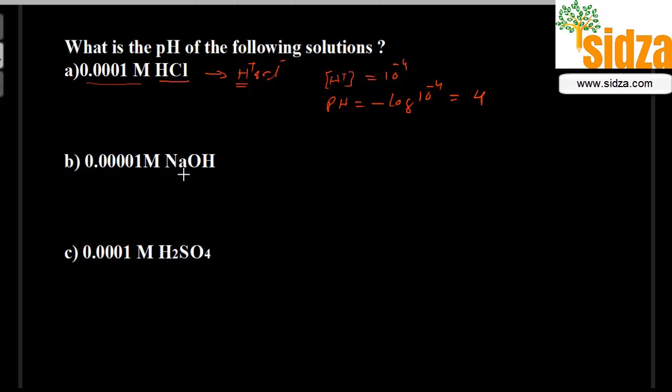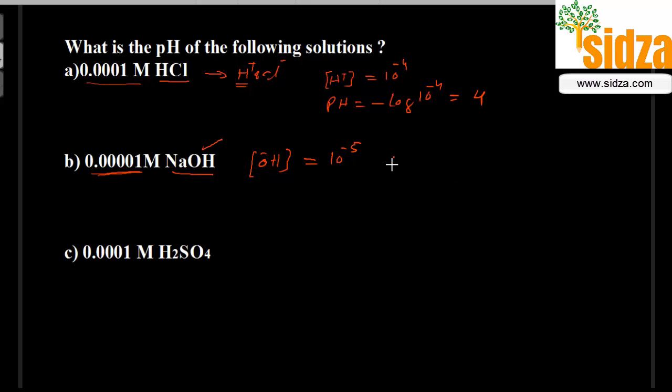And what about this solution? We have sodium hydroxide, which is a base, and we can calculate the hydroxide ion concentration from here. The hydroxide ion concentration in this case is 10 to the power minus 5.